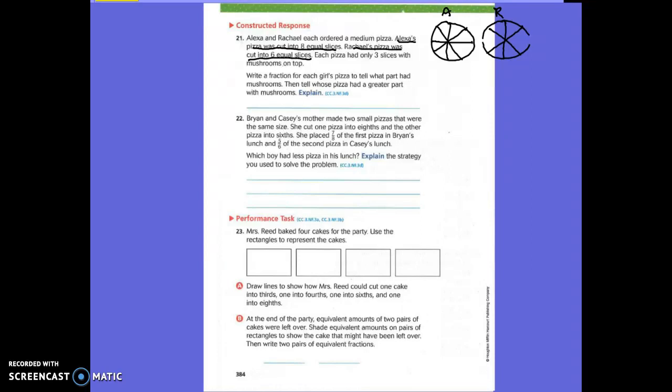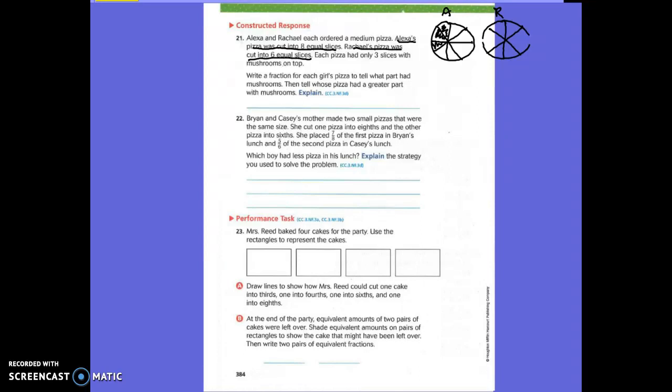Jacob? Yes, shade 3 pieces of each pizza to show that those 3 have mushrooms. So I'm going to shade this one, and this one for Alexa. And you see, I'm doing this half of Alexa's.